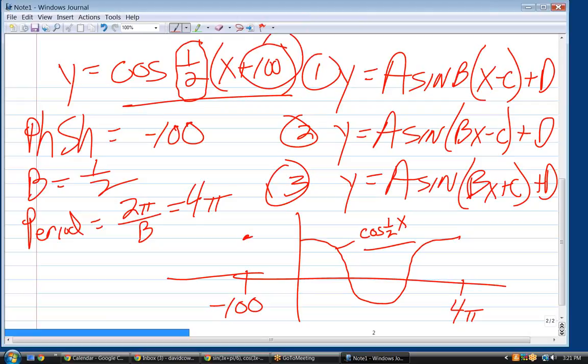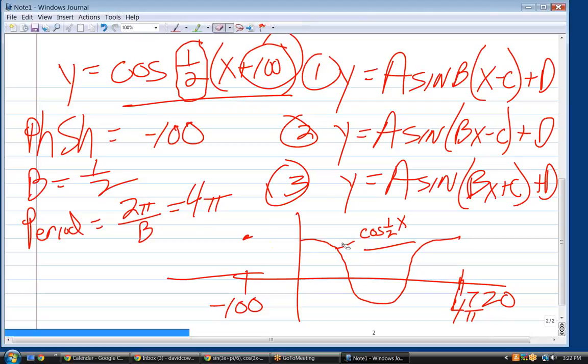So I'm presuming it's in radians here, but I don't know for sure. I suppose it could be degrees, but it doesn't really matter. If it's degrees, then this would be 720 here. That's what 4 pi would be. It would be 720 degrees. So then I would just move everything over by 100, and I would go from minus 100 to 620.